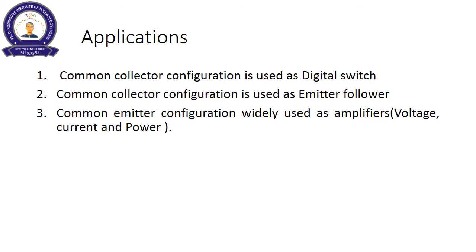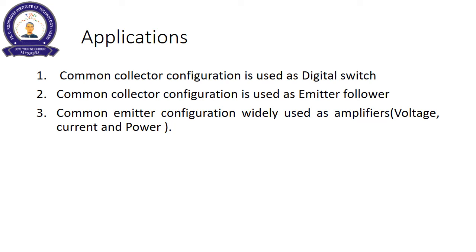And if you are applying 1 volt, and if the transistor is in the cutoff region, then you are going to get a 0 volt. So this action is almost similar to a switch, and it can be used as a digital switch.